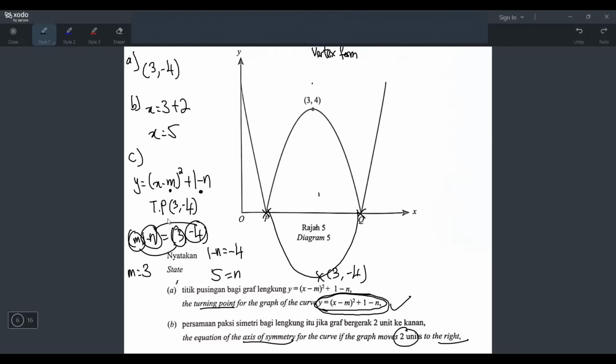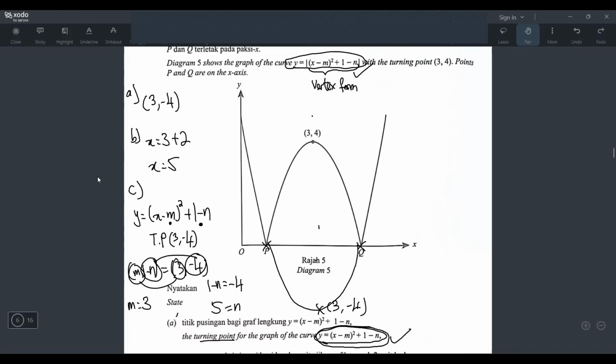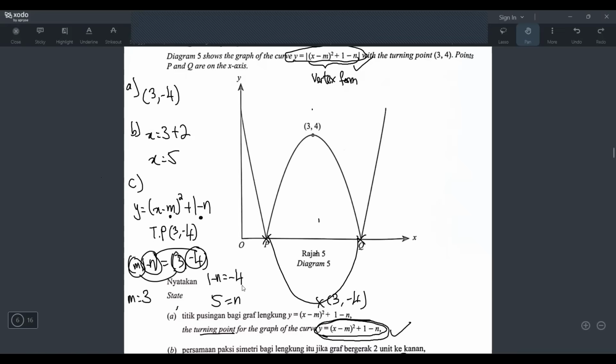So I'm thinking what mistake I made here. The turning point for this is 3, -4, right? So m is 3. And then 1 minus n is equal to -4. So n is 5. Okay, I'm not sure why the scheme gives me a different answer, but let's use the other equation and see what happens.